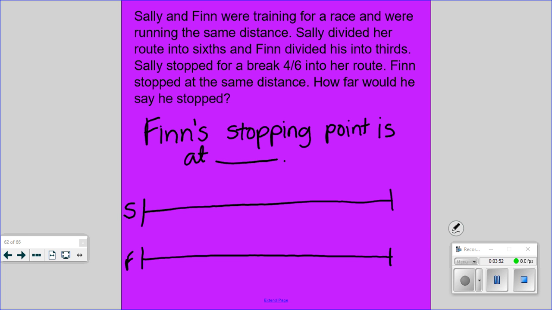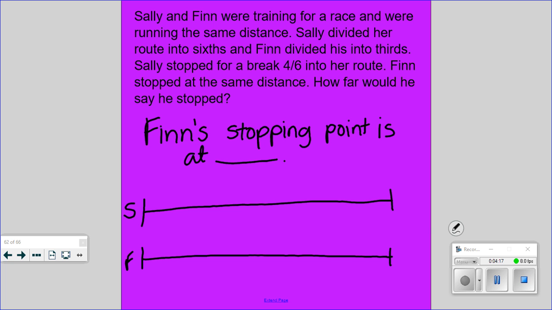Now, Sally is breaking up her route into 6. So how many pieces am I going to need from the beginning to the end? If she's breaking it into 6, how many pieces do I need from 0 until her end? Bella, what do you think? I'm going to need 6 pieces.